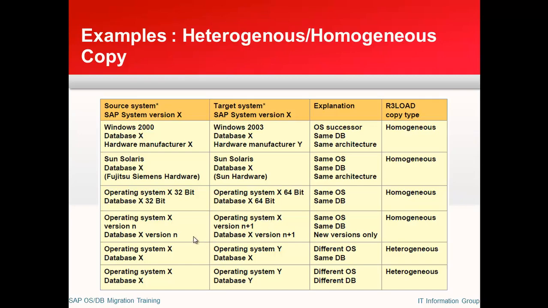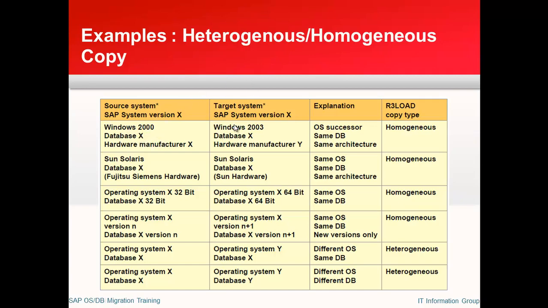So let's see, these are our source systems, these are our target systems, and here you can see the explanation of what is happening and what we call it, homogeneous or heterogeneous. Take the first example: you have Windows 2000 OS, you have database say X, you have hardware manufacturer say Y.